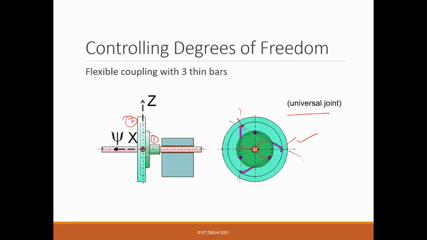Because then it will try to move these bodies, right? And they are stiff in this direction, and that's how it will transfer the torque or the rotation to the other member. But any other motion, where you try to move or bend, is possible because it can easily flex, because it's just like a cantilever.